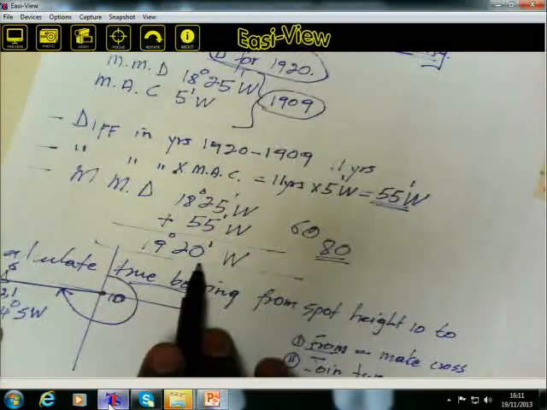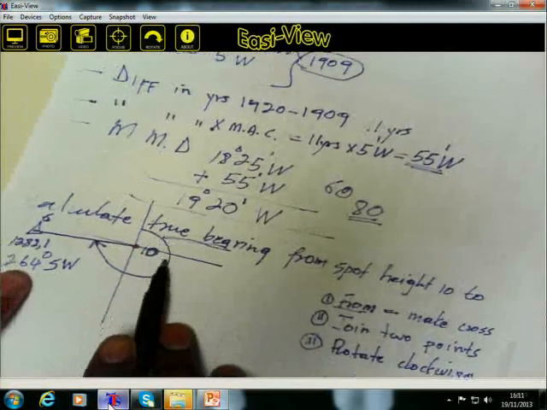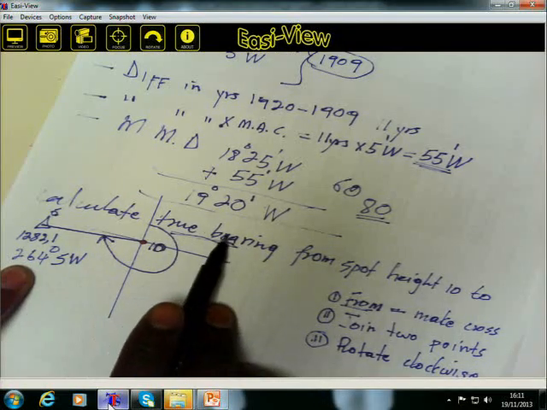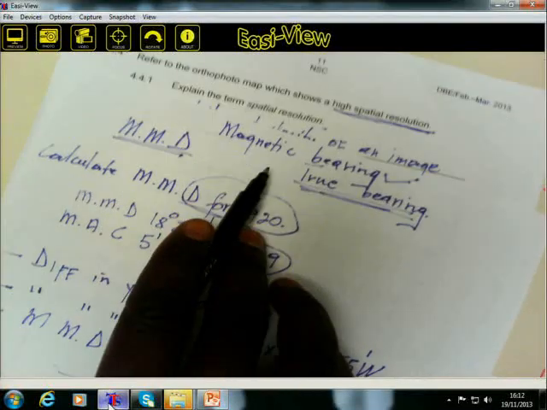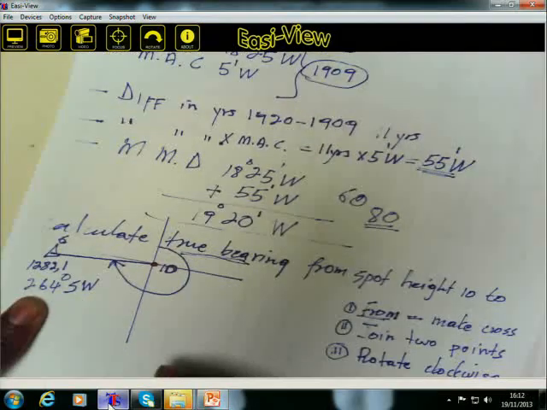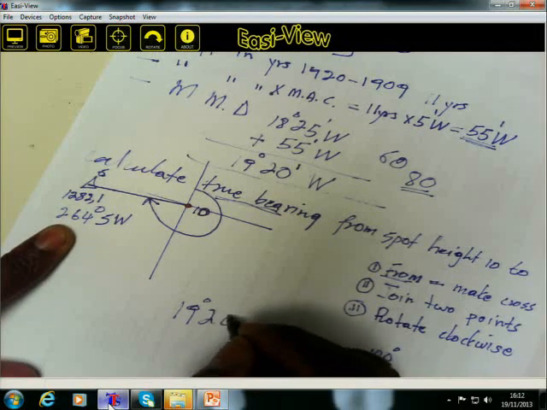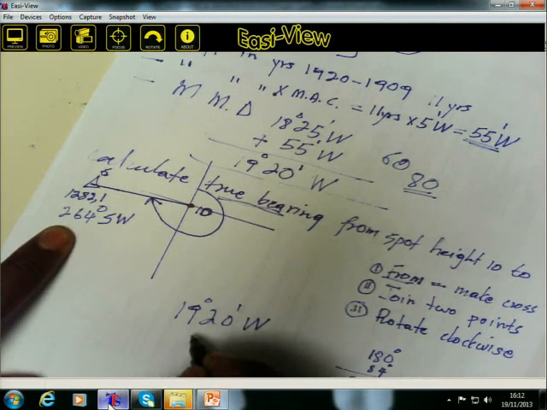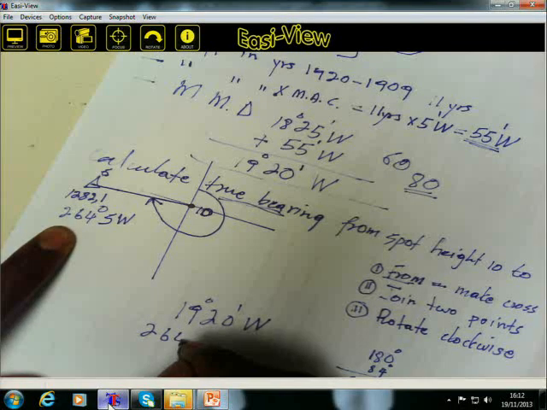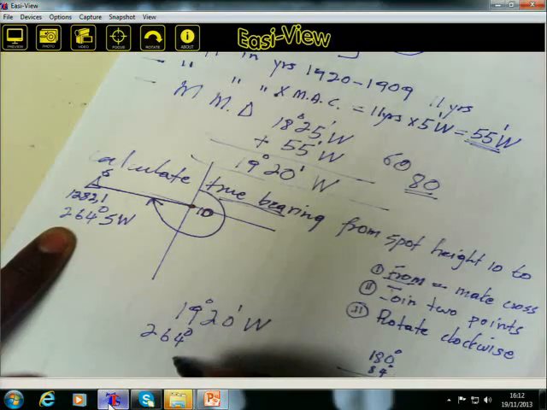After calculating it, I've got the answer for magnetic declination. Now here I've got the answer for true bearing. Now I must add the two to get magnetic bearing, which will give me 19 degrees 20 minutes west. Then I must bring down 264 degrees, which is this one. Degrees should come below other degrees.